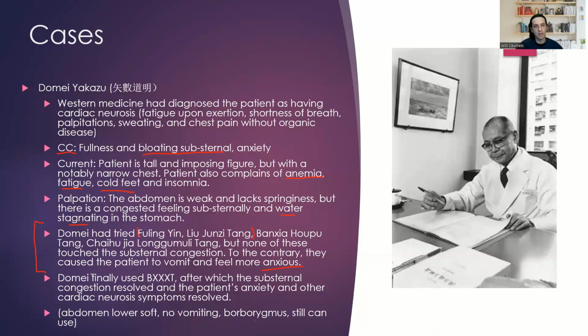Now, another interesting one would be, well, why did Chaihu Jia Longgu Muli Tang work, right? That's often a formula that Kampo practitioners use for this sort of cardiac neurosis or any sort of what you would call functional cardiac disease without organic symptoms. They like to use Chaihu Jia Longgu Muli Tang. But why wouldn't that work here? Well, sort of a similar situation.